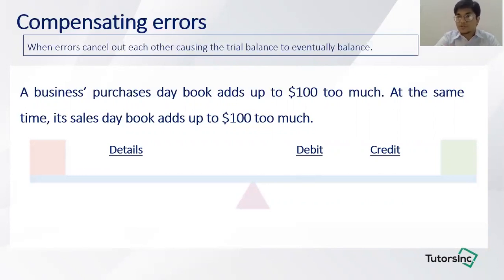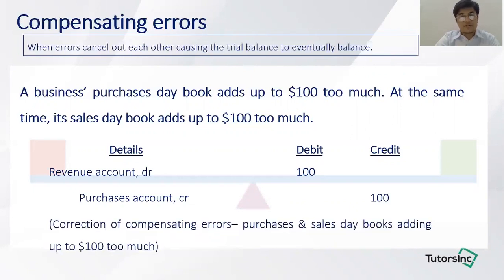So in order to reduce the value, we have to debit this account. So we are going to debit revenue account by $100 as well. So revenue account has been debited by $100, and purchase account has been credited by $100 as well. And the narration is going to be correction of compensating errors, purchases and sales day books adding up to $100 too much.